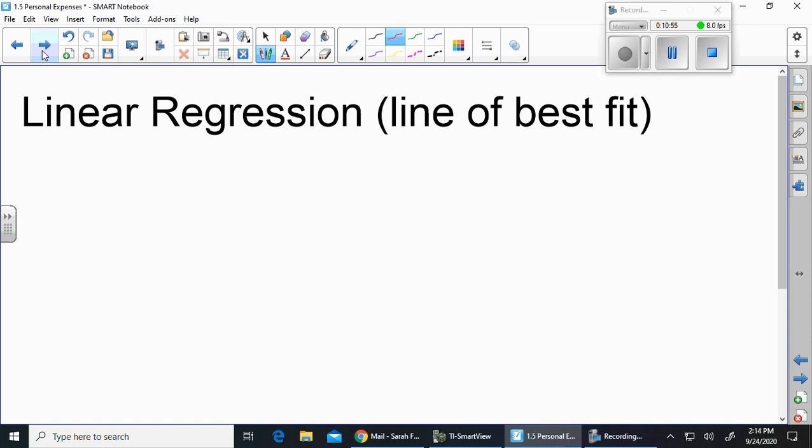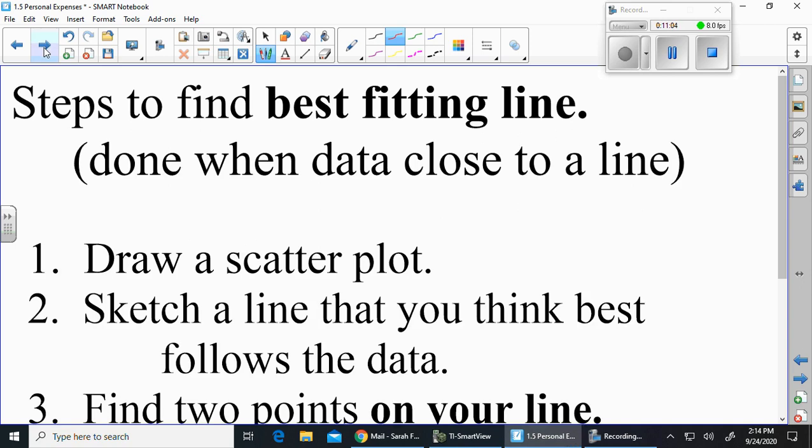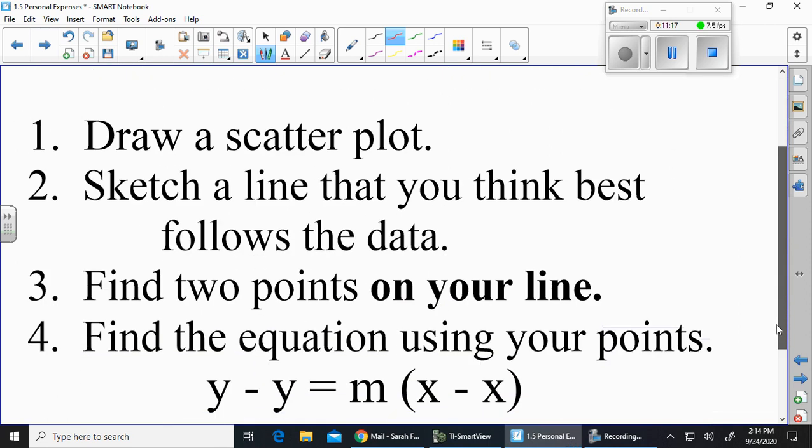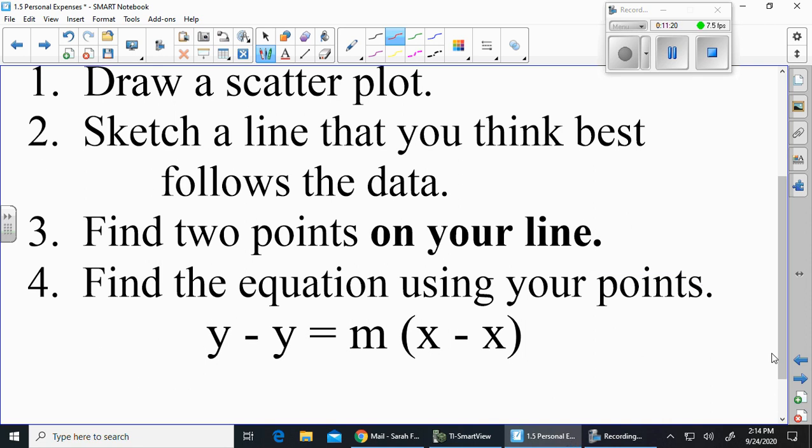So, line of best fit. This is what I want to make sure you know how to do. We're going to make that scatter plot. We're going to sketch a line that we think best follows the data. We're going to find 2 points on our line. And we're going to find the slope, so y minus y over x minus x.